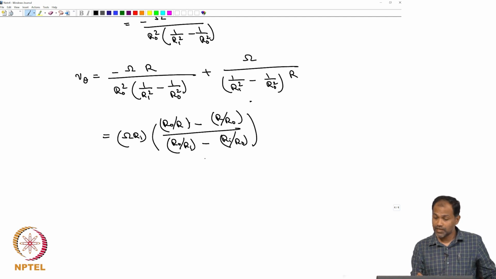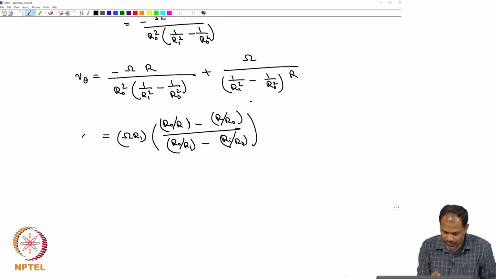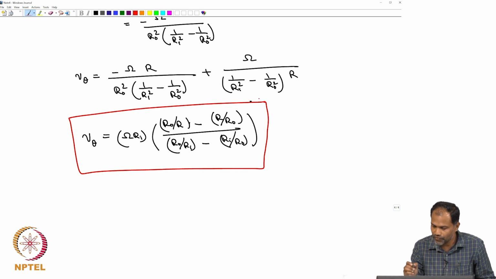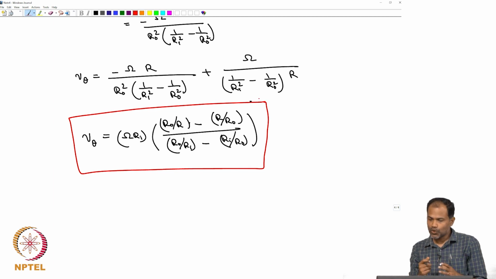Just rearranging that equation if you like. So that is the expression for the velocity profile between two concentric cylinders.